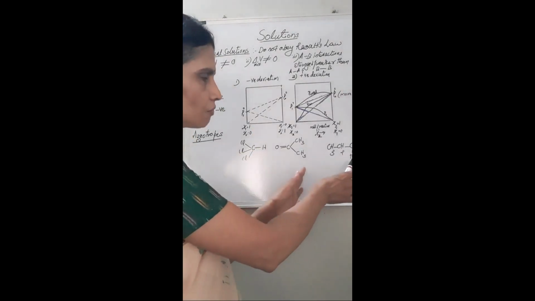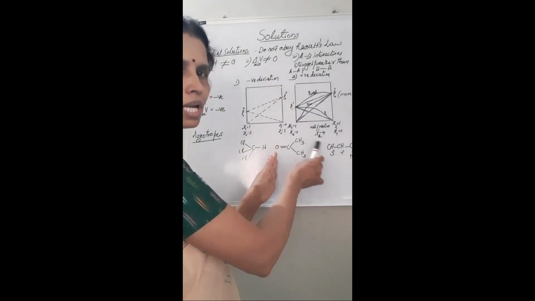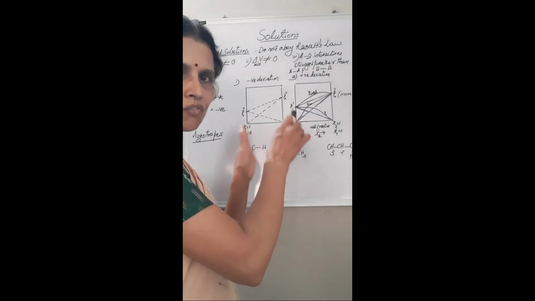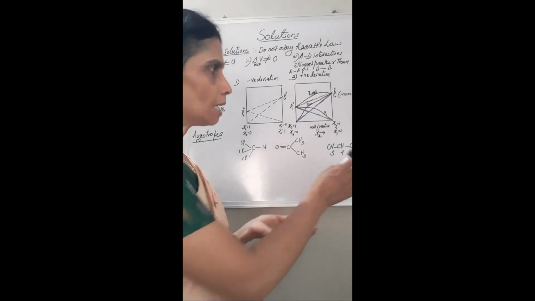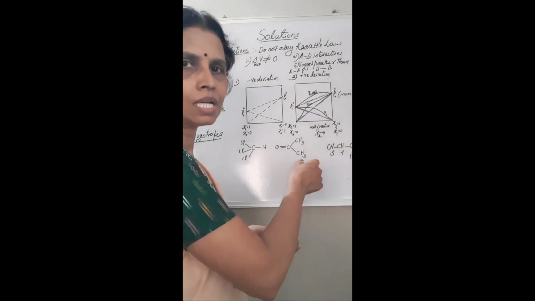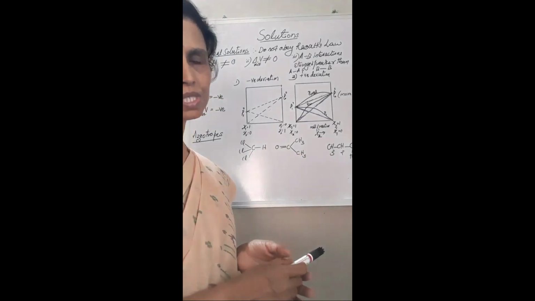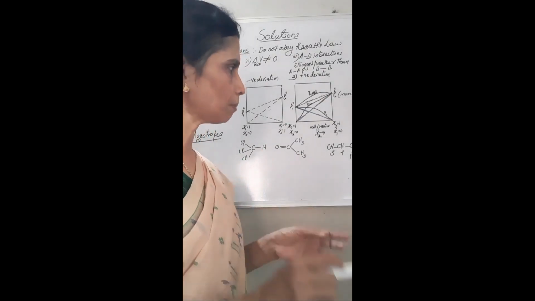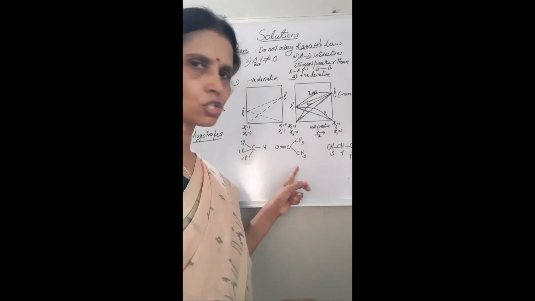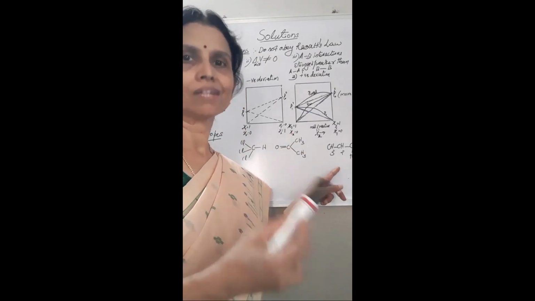The interactive forces between ethanol and acetone are weaker than those present between ethanol molecules or between acetone molecules in the pure components. So on mixing, the escaping tendency of acetone and ethanol increases.